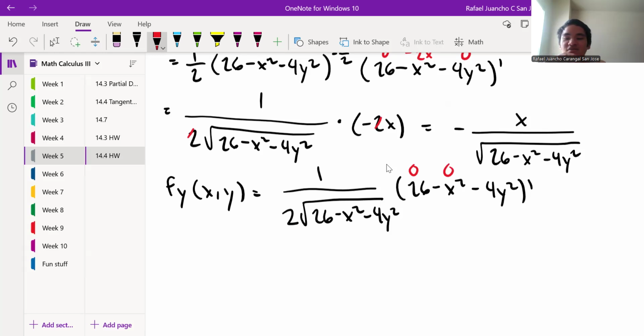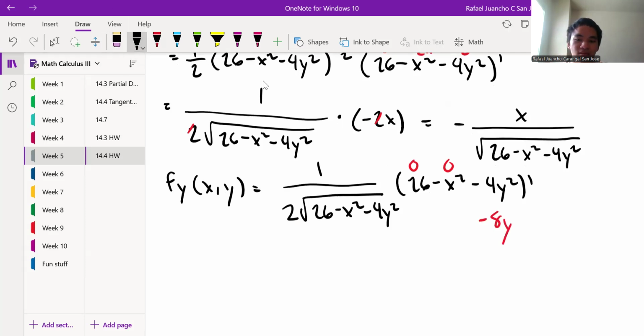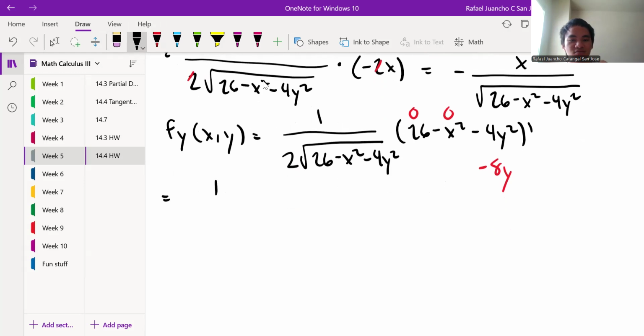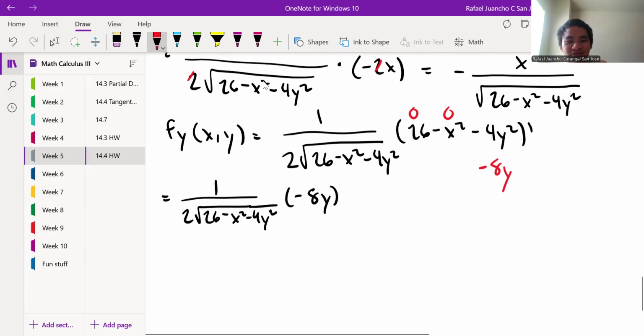Now my y here is a bit different. I get negative 8y. And so from here I get 1/2 of whatever was inside. I think I should have used like a placeholder or something. And then this is negative 8y. And then I take this out. This becomes 1. This becomes 4. And so I have negative 4y over this thing.